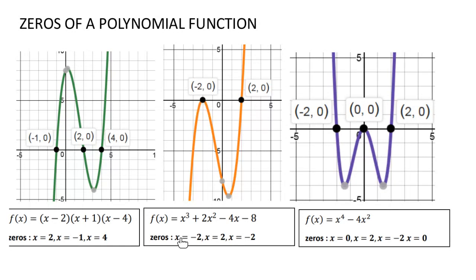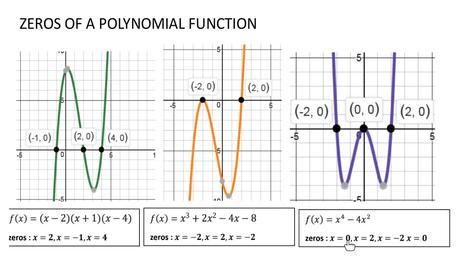So let's look at the zeros. We have a -2, which is this one. We have a +2, which is this one. And then we have another -2, and here it just touched. So the number of times that the zero repeats is going to tell you whether the graph touches or whether it crosses. On this side, we have -2, 0, and 2.